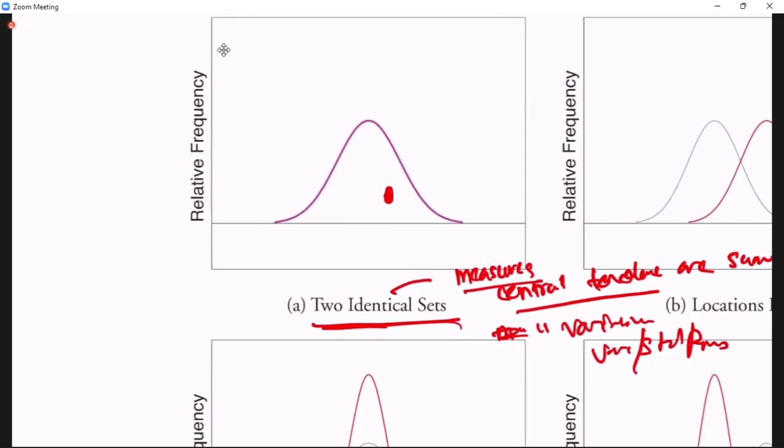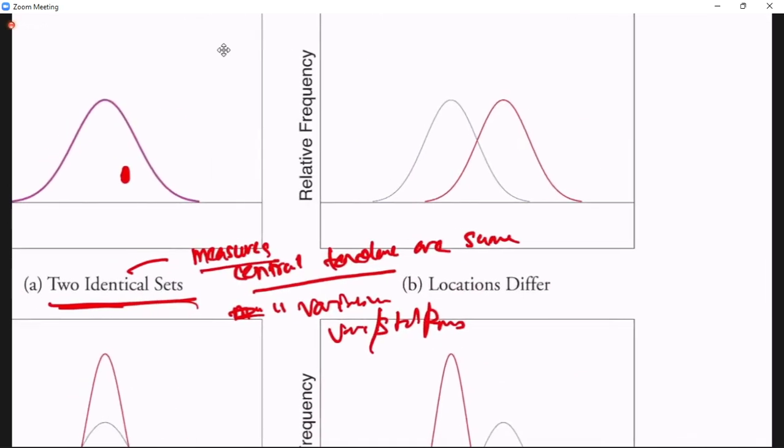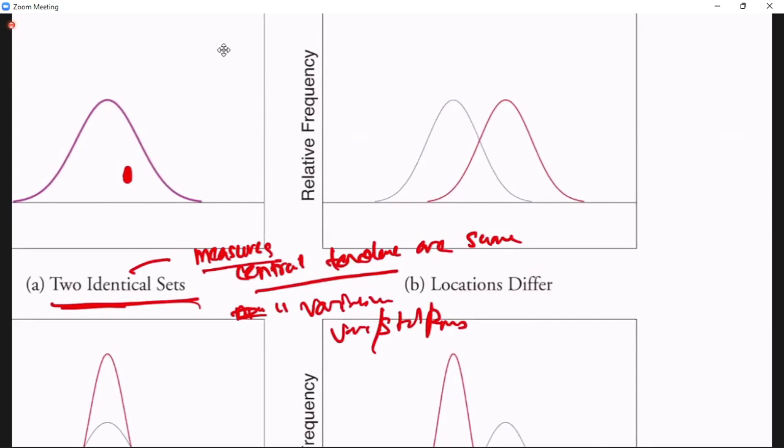But if you consider the second diagram, here also we have same shape curves. They have the same shape, no? Normally it is bell shaped and both are symmetric about their mean value or the mode value or the median value.